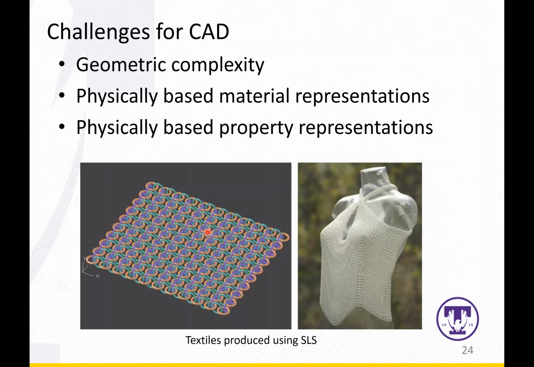But that brings a challenge for computer-aided design software, because computer-aided design software was developed for conventional manufacturing processes a few decades ago, right? So at that time, there was no way to manufacture complex shapes or biomimetic shapes.